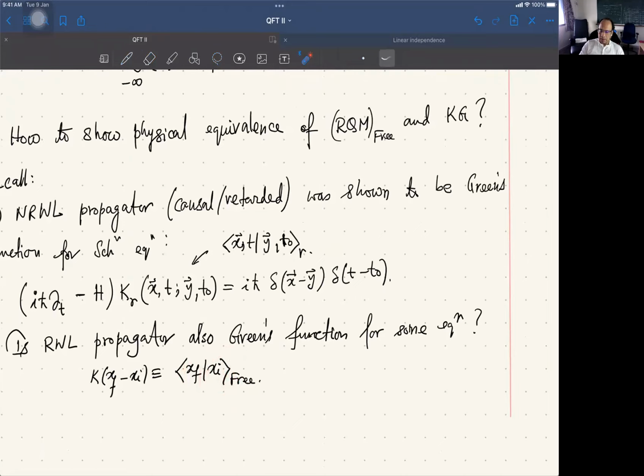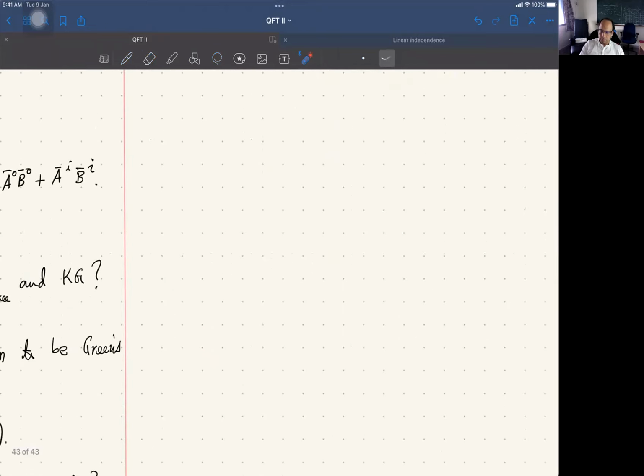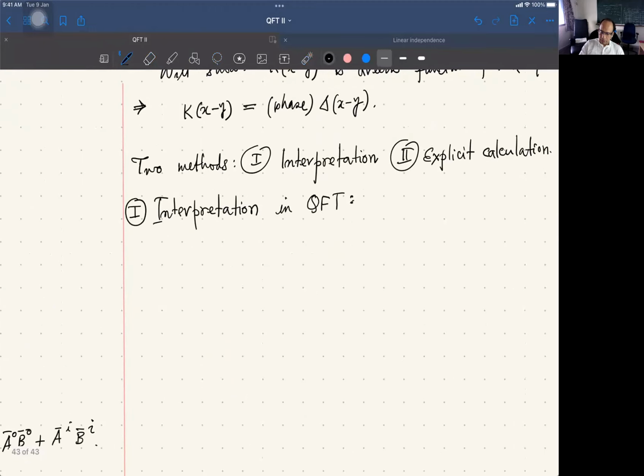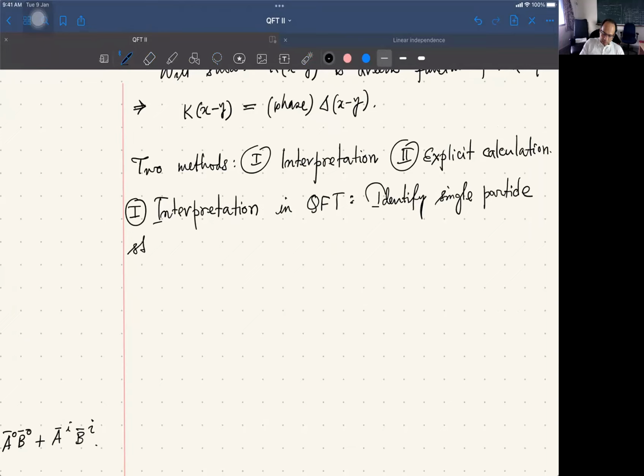So single particle, how to construct single particle state in position space. So the question is, we need to identify single particle state in position space.